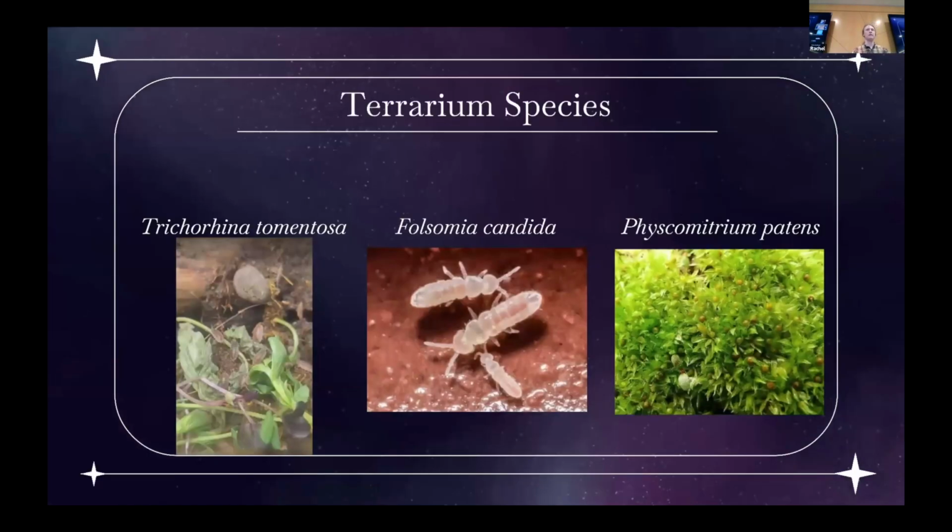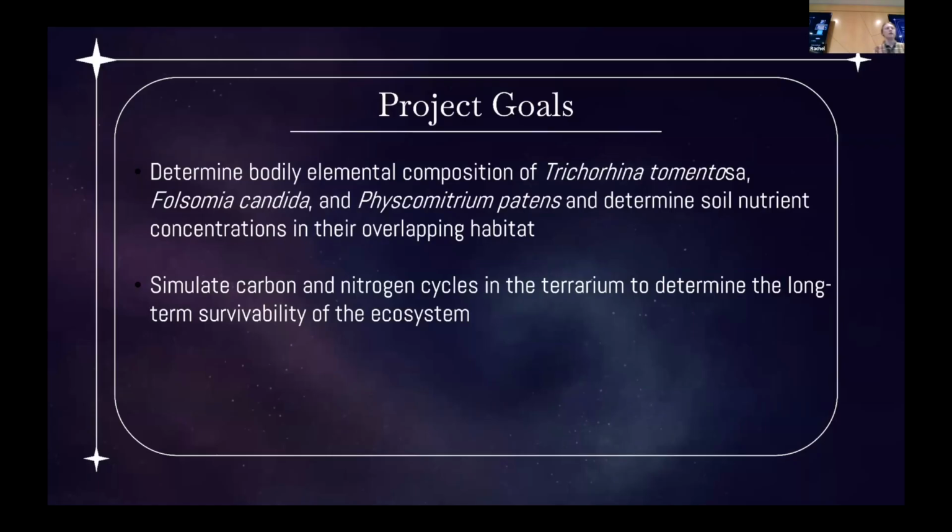These are the species I used in the terrarium simulation. And there were a few goals I had in mind for this project. I wanted to determine the bodily elemental composition of the three terrarium species I chose, as well as determining carbon and nitrogen soil concentrations in their area of overlapping habitat.